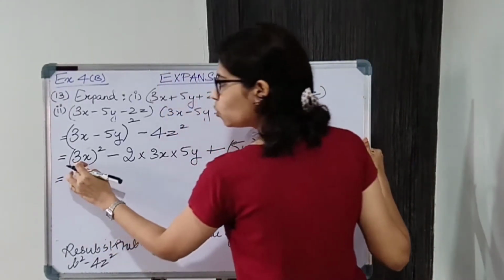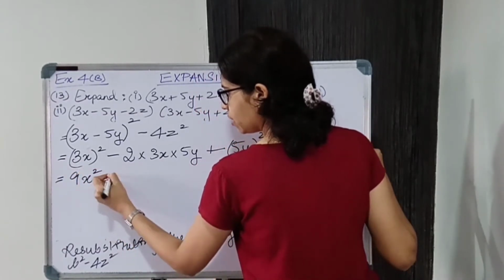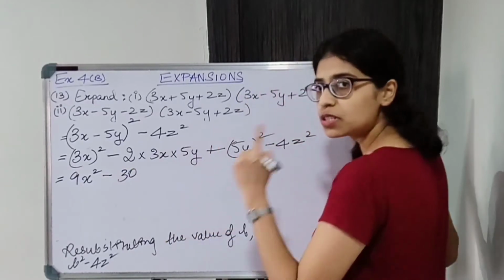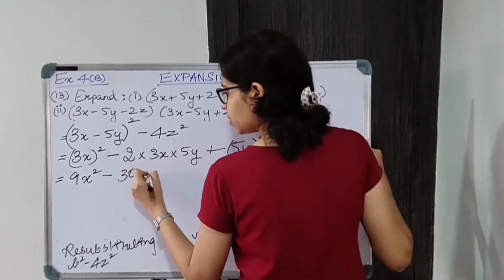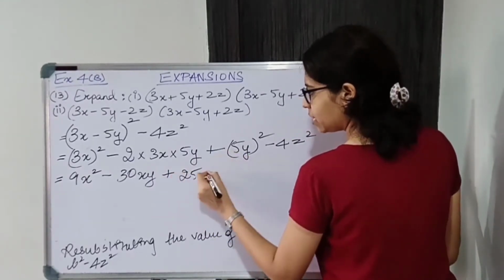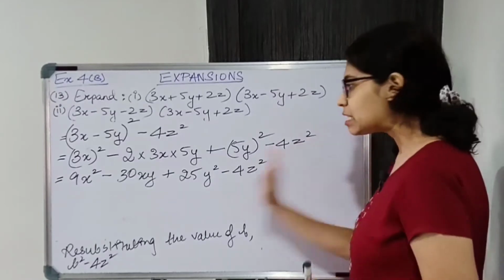So this is equal to 3 square is 9, x square is x square, 2 3s are 6, 6 5s are 30. Multiply the numbers first, xy, plus 5 square 25, y square y square minus 4z square. This is the final answer.